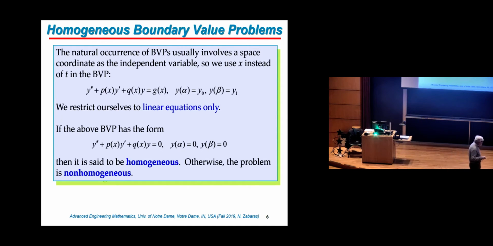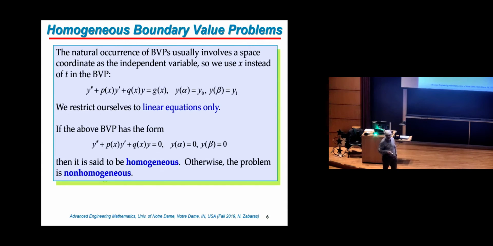I don't have room to philosophize here, right? But the relation between the homogeneous and non-homogeneous problem for this boundary value problem is really not the same as what we have seen for initial value problems, all right?